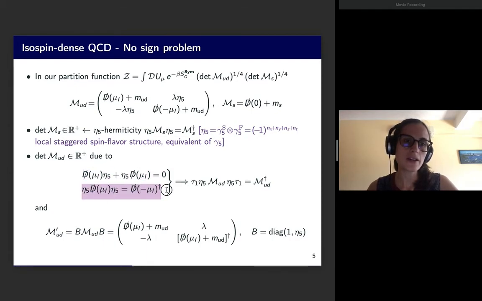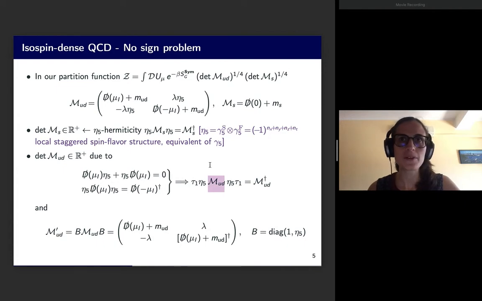And the other is the modified eta 5 hermiticity, in the same sense as we have discussed about the gamma 5 hermiticity in continuum language when we would be switching on a quark chemical potential. Now, these 2 things taken together ensure that the light fermion matrix in the up and down basis respects a tau 1 eta 5 hermiticity relation of this type.